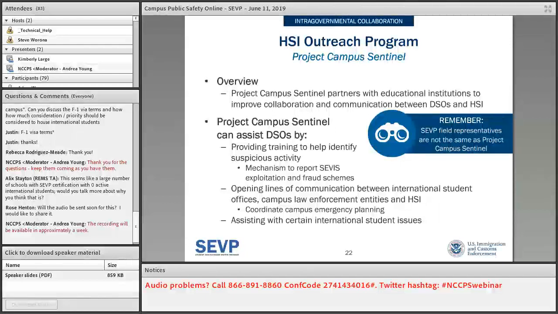And the purpose of this program is to prevent SEVIS exploitation and, like I said, improve communications. Oftentimes, they will go out with a field representative, so let's say that's me, and we'll do what's called a joint visit, where we're going to sit down and talk with the DSOs and the campus security about what they can do to be mindful of international students on campus.